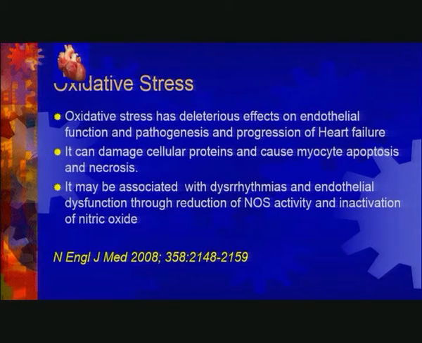And increased oxidative stress can damage proteins and RNA, intracellular protein and RNA, and this might lead to death of the cell by either apoptosis or necrosis, and again the cycle will continue. You have inflammation again, and you have more oxidative stress and damage to the myocardium. They found it is associated with dysrhythmia and endothelial dysfunction through reduction of NOS activity and inactivation of nitric oxide, and it worsens the outcome of heart failure.